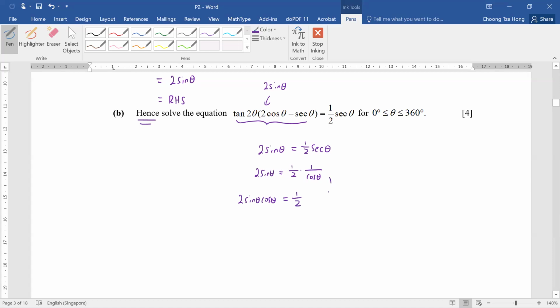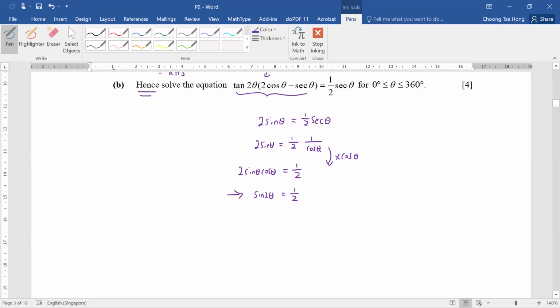Basically from here to here, we are multiplying by cosine theta throughout. And you should have the awareness that 2 sine theta cosine theta is actually sine 2 theta, equals half. This is the objective that you want to arrive at for all trigo equations: to just have one single type of trigo function equal to a particular fraction or number.